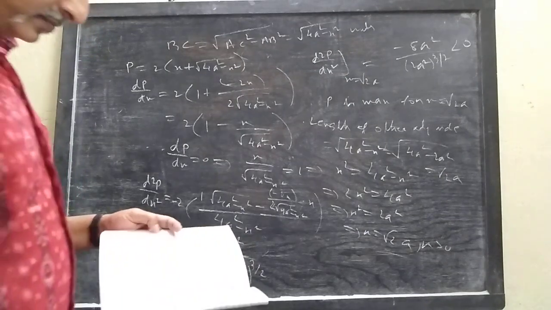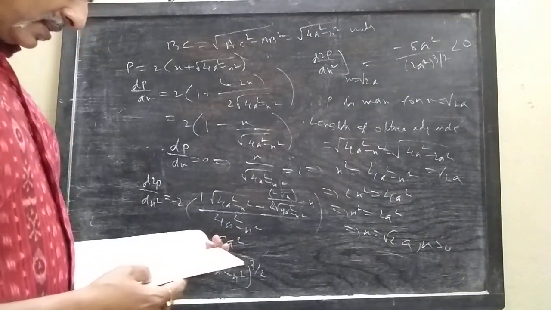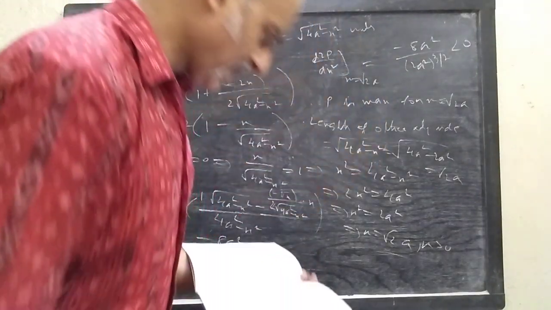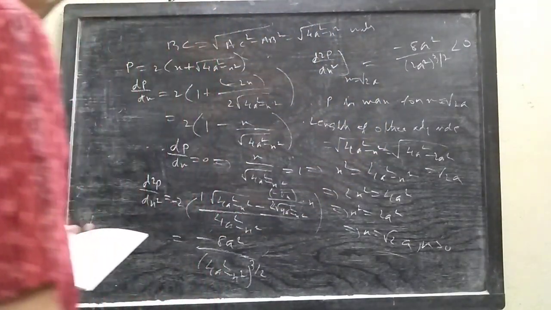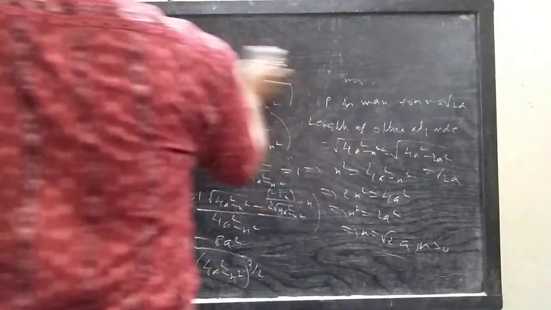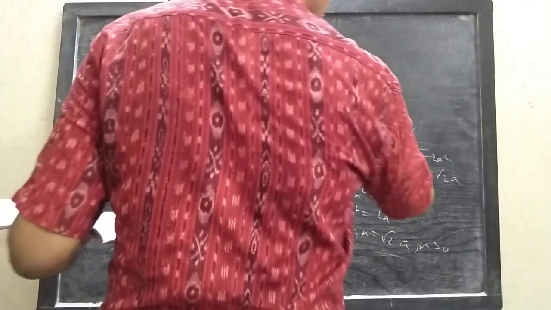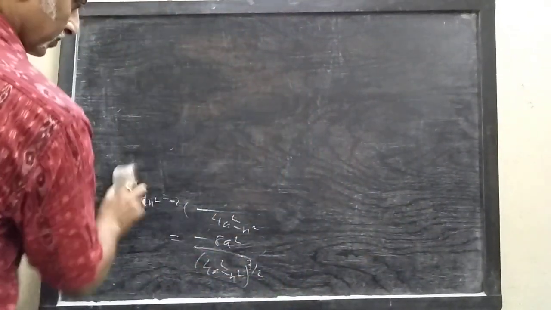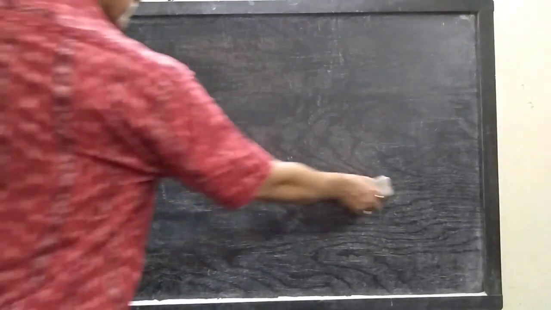Next question. Show that the surface area of a closed cuboid with square base and given volume is minimum when it is a cube. Cuboid having a square base.